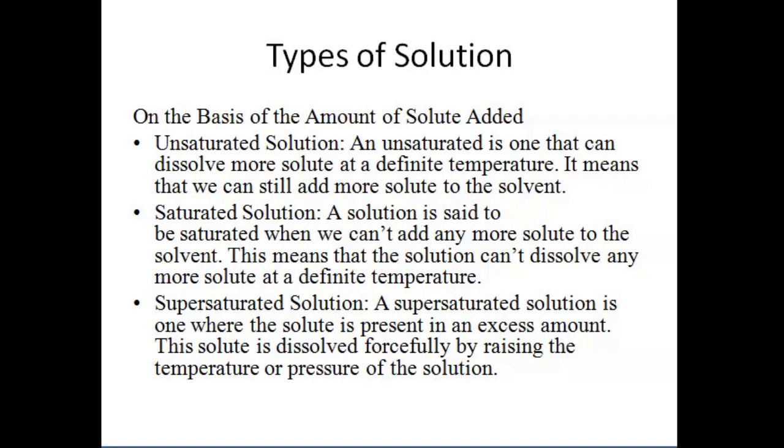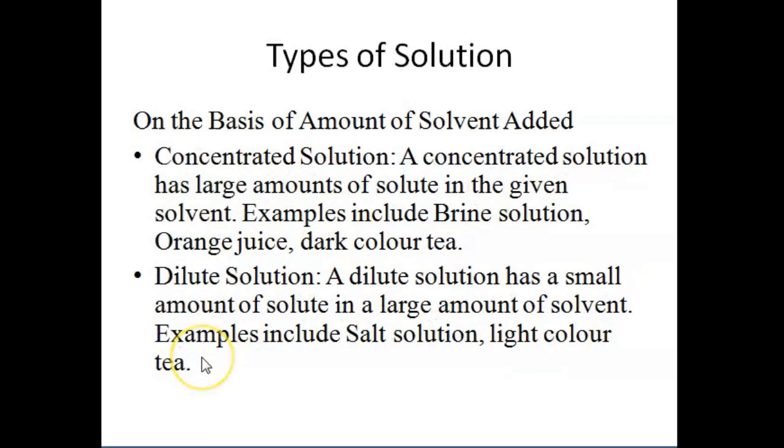And on the basis of solvent added, we classify solution in two categories, that is concentrated solution and dilute solution. So a concentrated solution has a large amount of solute in the given solvent.